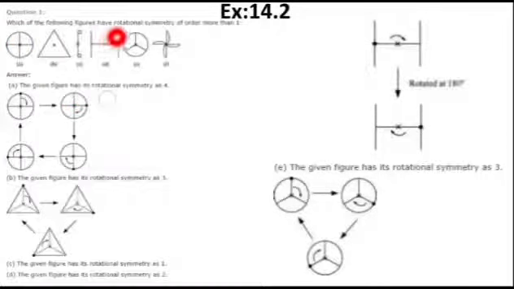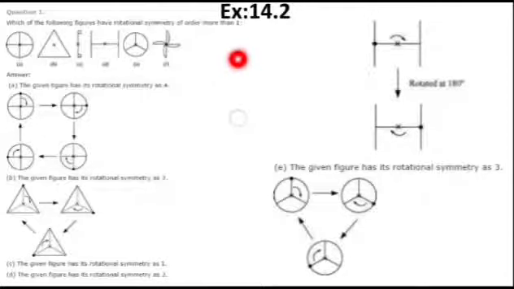Which of the following figures have rotational symmetry of order more than 1? Now what is order more than 1? I had already explained it to you in my live classes. When you take one full round of any object and when it comes back to the point from where it started and only then matches its impression, such a figure is said to have rotational symmetry of order only 1.